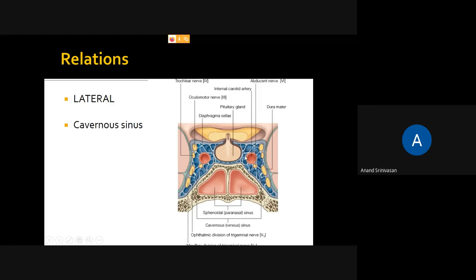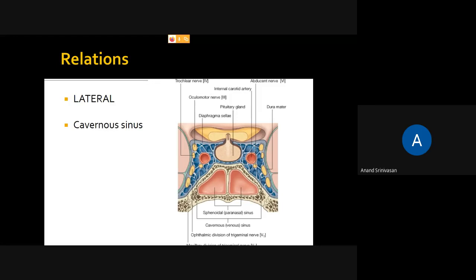Now, why should I know about these relations? Because pituitary tumors are common in children. So if pituitary tumors enlarge, they can expand laterally, superiorly, posteriorly, or anteroinferiorly.